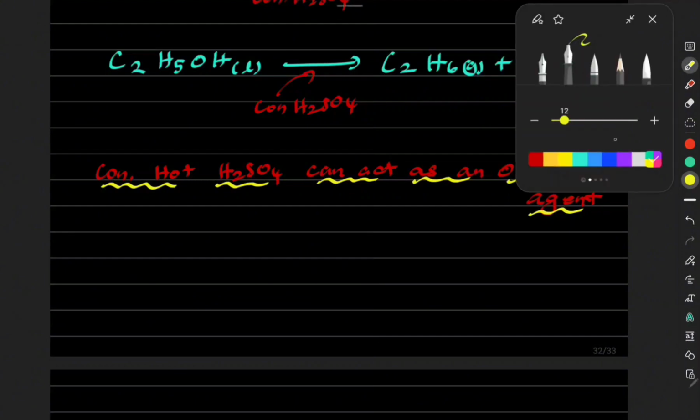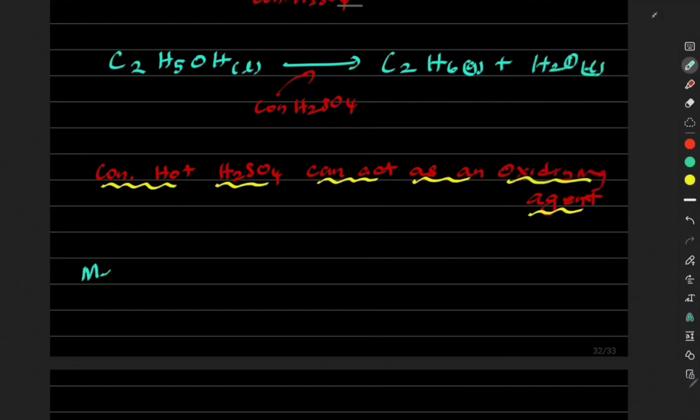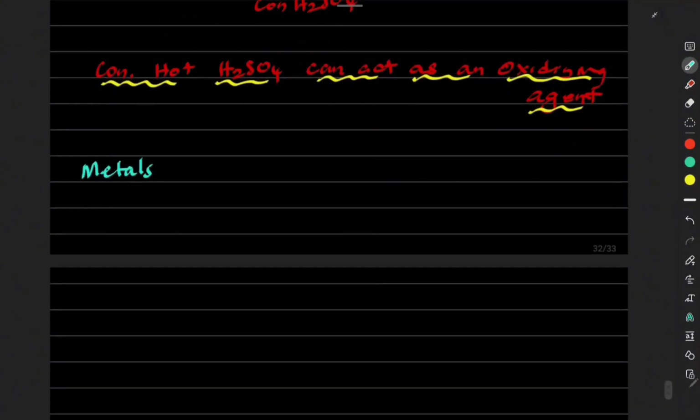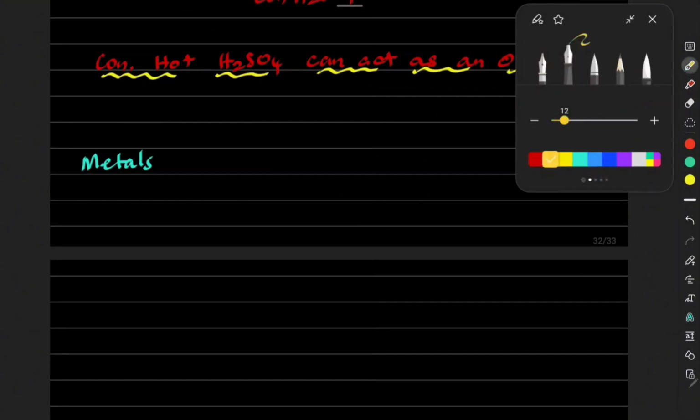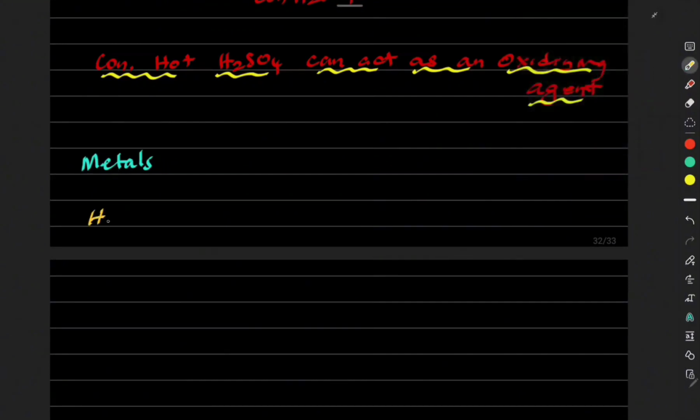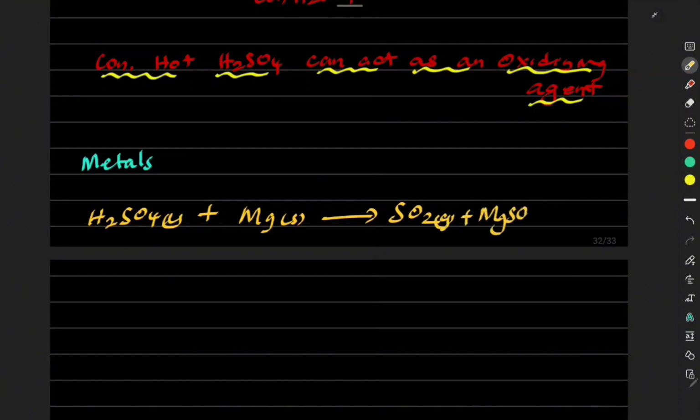First, let's look at how they react with metals. With metals, H2SO4 liquid plus magnesium solid form sulfur dioxide gas plus magnesium sulfate aqueous plus water. Let's balance this too. And the next reaction is H2SO4 with copper.